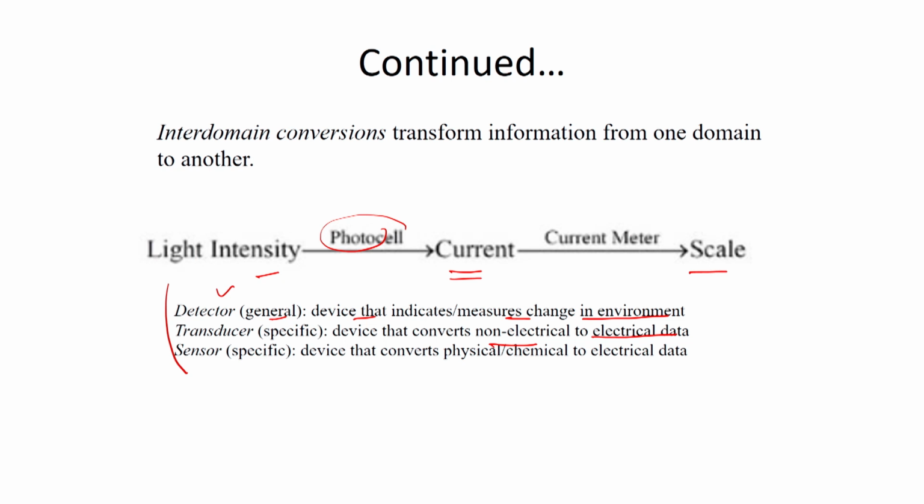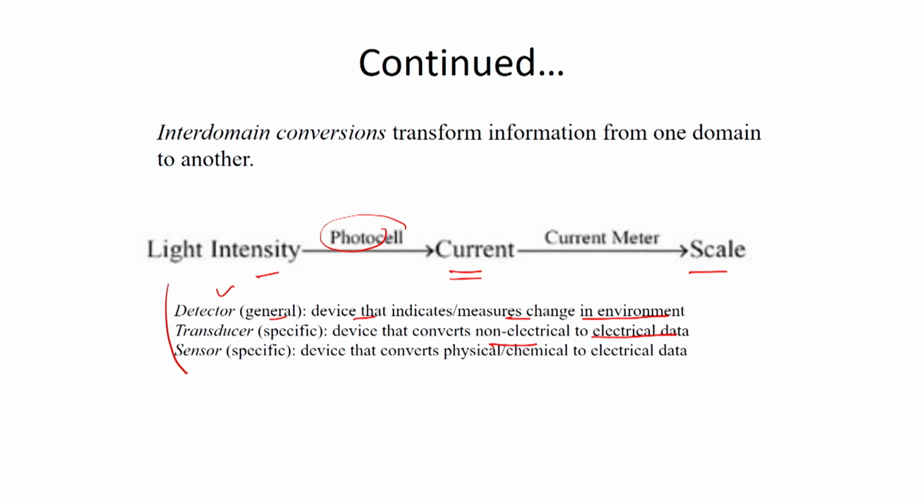Collecting the electrical data is very important here, and it is less time consuming. In most places, where we get non-electrical data, we convert it into electrical data. And then sensors: there are different sensors.